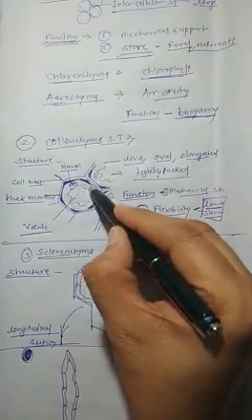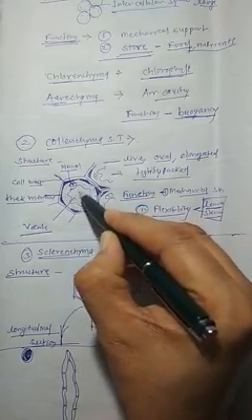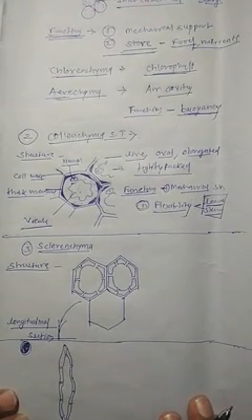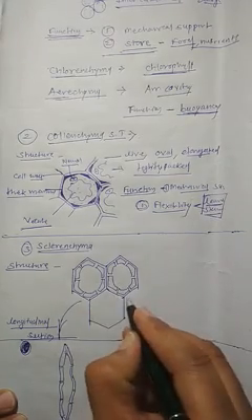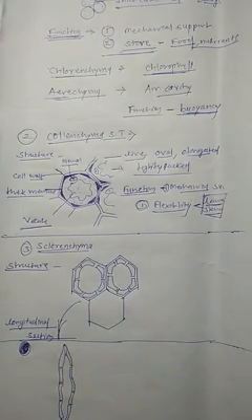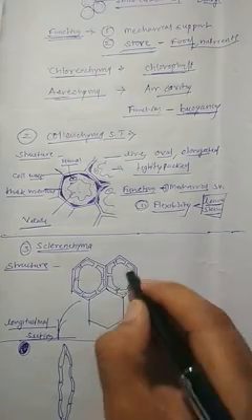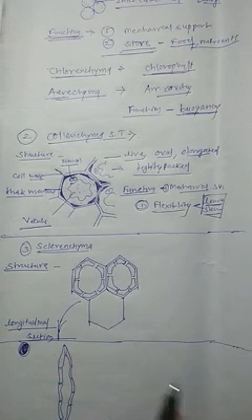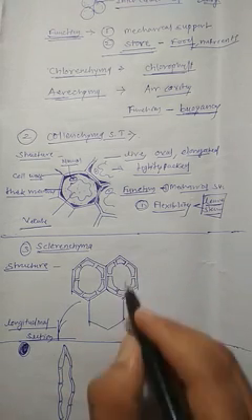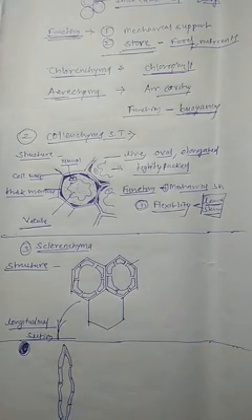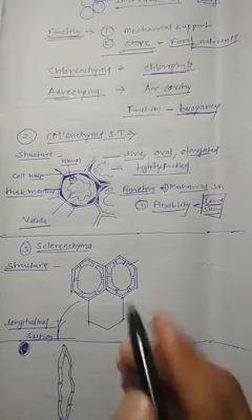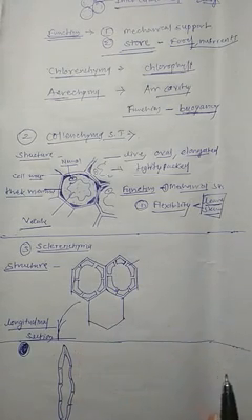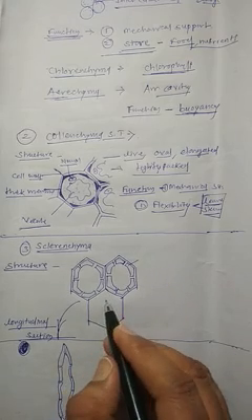This is the cytoplasm. This is the vacuole. Now about sclerenchyma. Sclerenchyma has a lignified cell wall. It means lignin is present in the cell wall. Therefore, these are very thick, tightly packed, with no intercellular space.